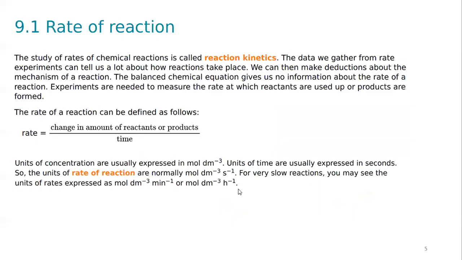Some parts seem like they never corrode, but some parts corrode slowly over like 10 years. So rate of reaction is talking about how fast or how slow a reaction takes place.